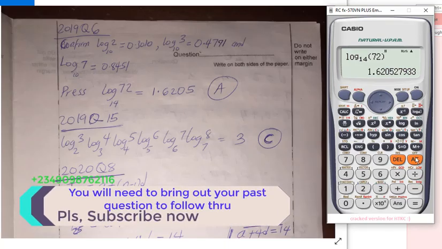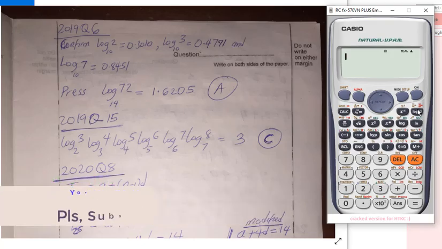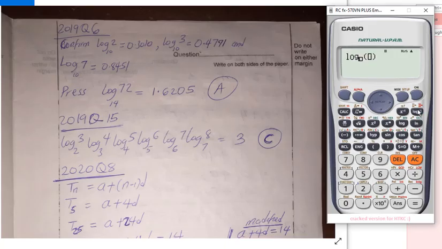Look at the next one too. 2019 question 15. They say you should evaluate log 3 base 2, log 4 base 3, log 5 base 4, log 6 base 5, log 7 base 6. Press it here too. Just be pressing log 3 base 2. Press it the way you are seeing it. Write the whole expression on the calculator. Log 4 base 3. That's what you will do. Then the next one, log 5 base 4.